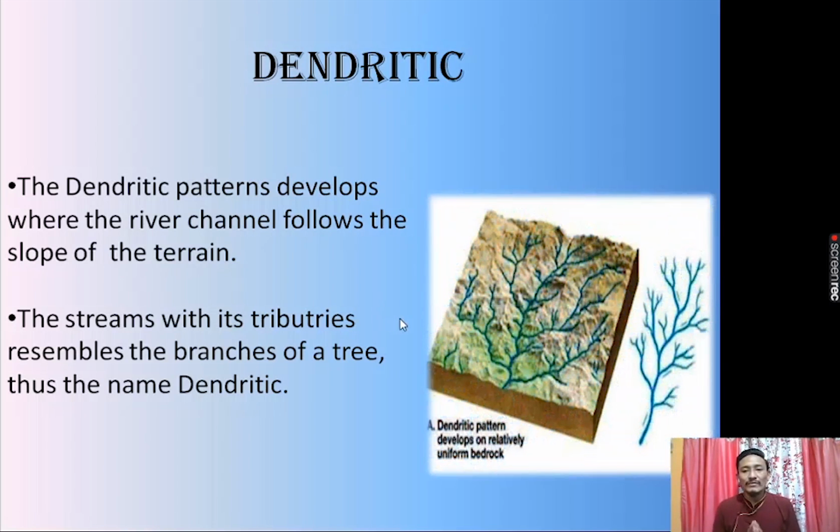If you look closely, this region is like a basin where the small streams get connected with the main river, and it makes the shape of a tree. That is why it is also called a tree-like formation.